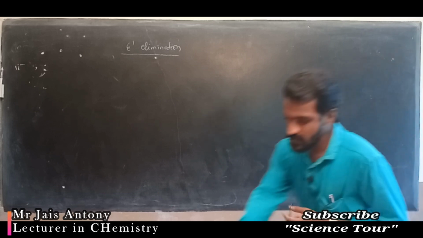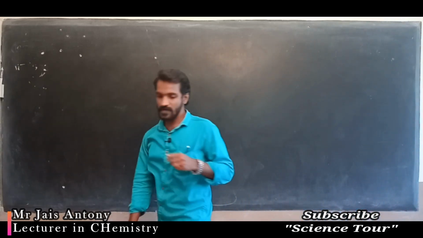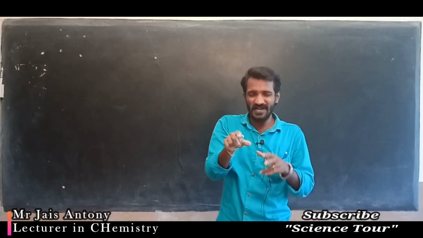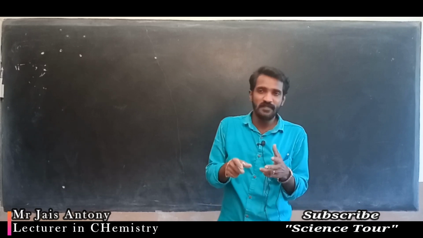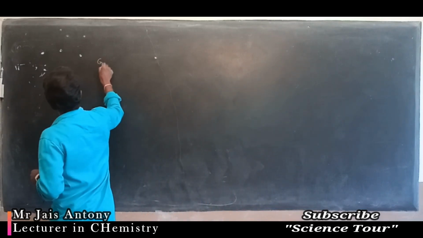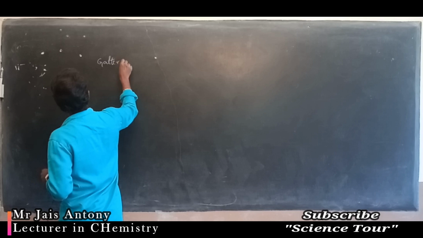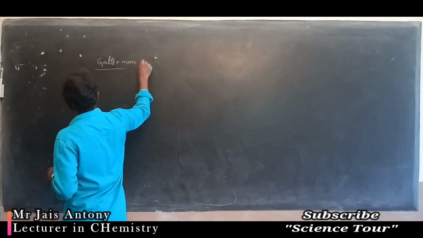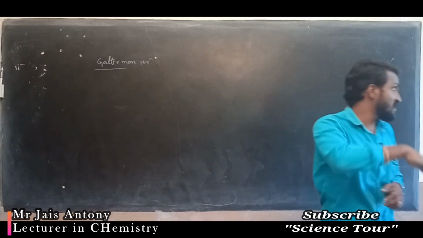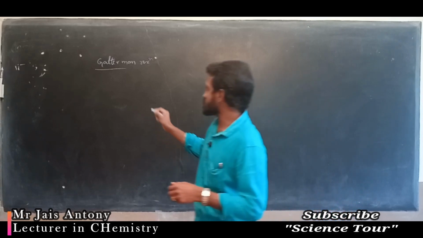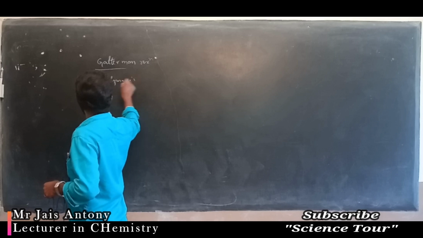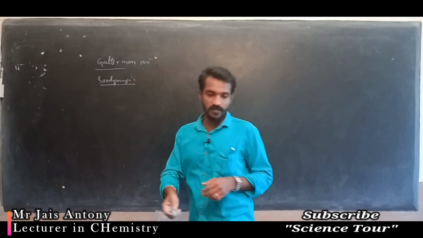Okay students, now we will discuss some important reactions of haloalkanes and haloarenes. First, the Gattermann reaction, and after that the Sandmeyer reaction. What are the two similarities between these two?